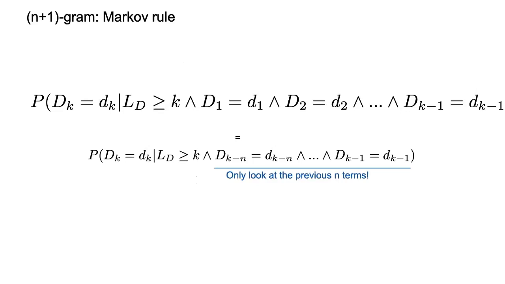And what that means concretely in terms of conditions is that the probability that the next word is dk, knowing that the length is at least k and that these are the previous words from the very beginning, all the way from d1 to d(k-1), it's the same as if you had conditions only on the previous n terms. Whatever comes before, you forgot. So the Markov rule just says this is an equivalence. We forget the previous terms. For whom is that intuitive?